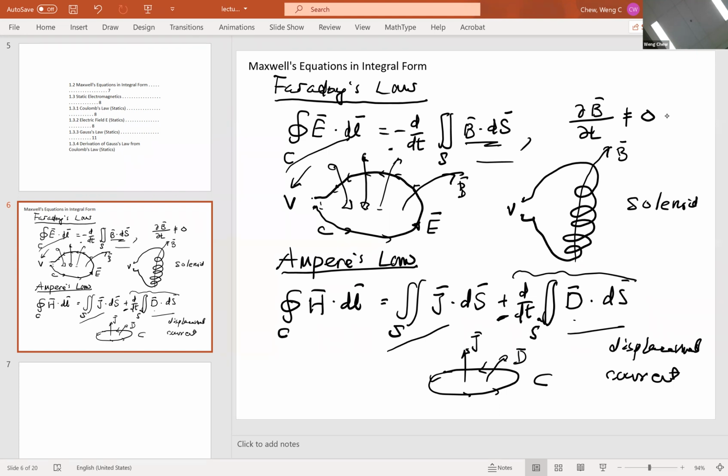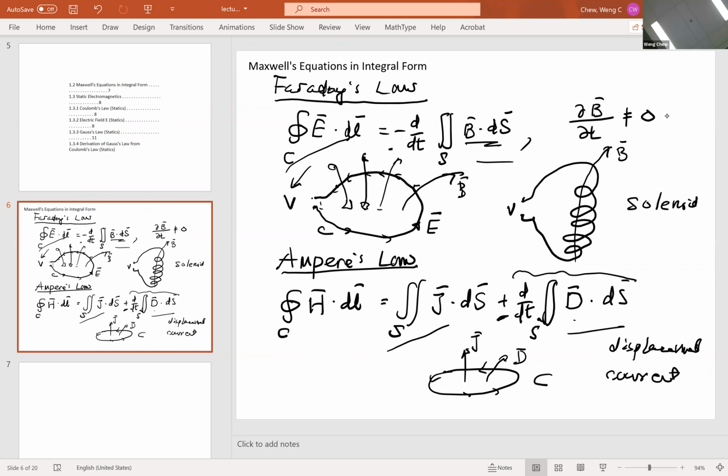So it's the second term that changed the world. Without the second term, we would not have electromagnetic wave propagation. It is the presence of displacement current that allows energy and waves to go through vacuum and free space.